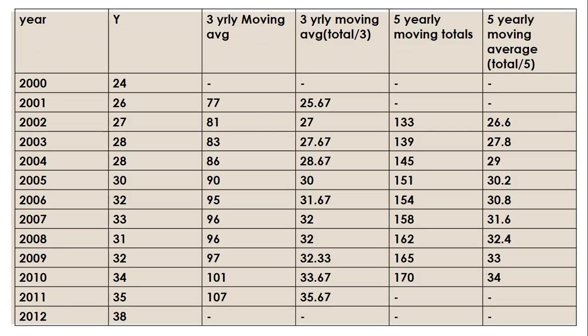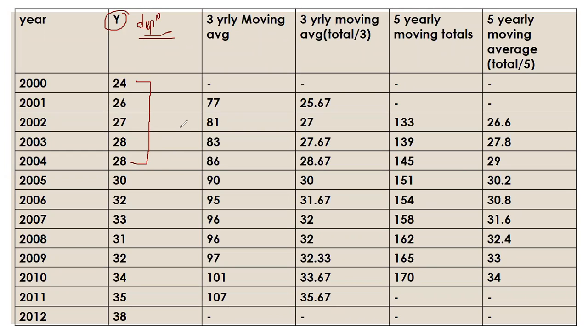Now, in 5-yearly moving average, this y is only considered. Okay, y is the dependent variable and this only is considered, but here we will be considering 5 values. So y1, y2, y3, y4, y5, 5 values will be considered.